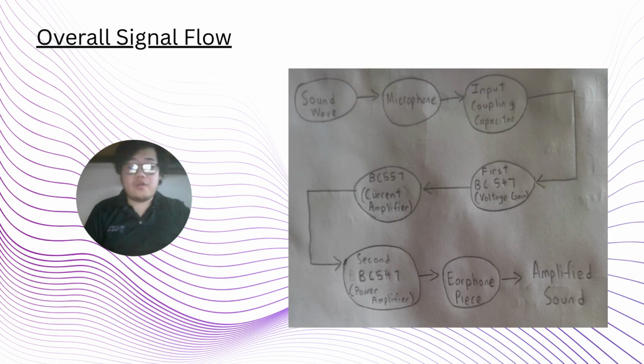Since the formula of power is power equals voltage times current, the second BC547 transistor acts as a power amplifier which goes to the earphone piece. The earphone piece, or the receiver, converts the electrical signal back to sound waves, which are now amplified, and that is the end result that will be heard by the user of the hearing aid.